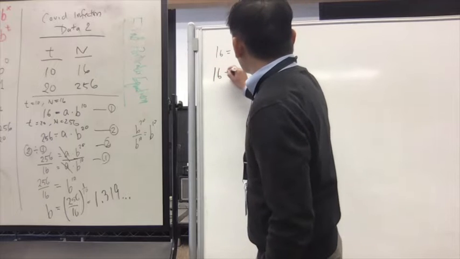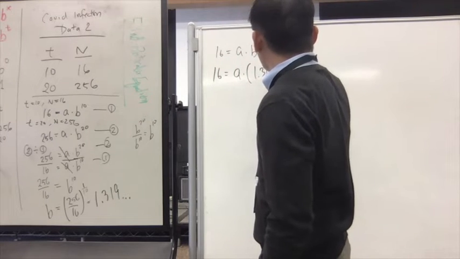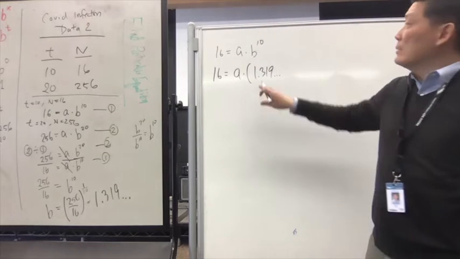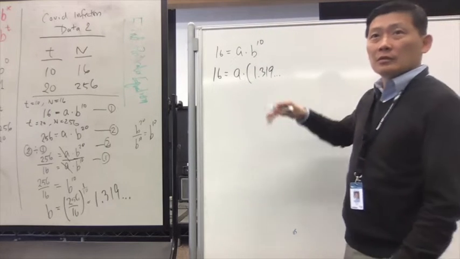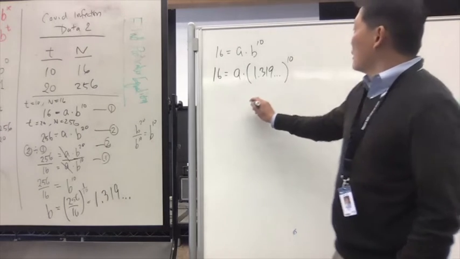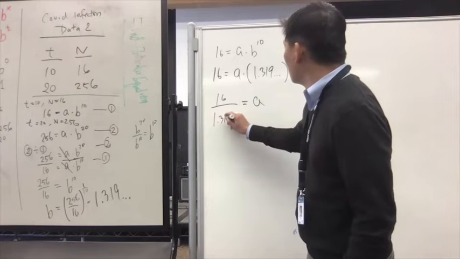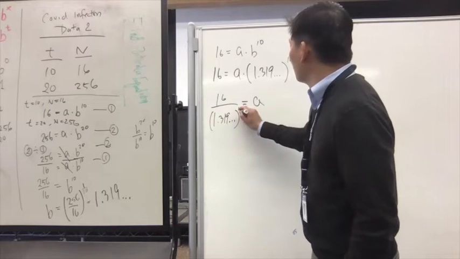So then 16 is equal to a times parenthesis 1.319 dot dot dot. If you are able to keep that long number, just use the long number. So then a is equal to 16 over 1.319 dot dot dot to the 10th power.